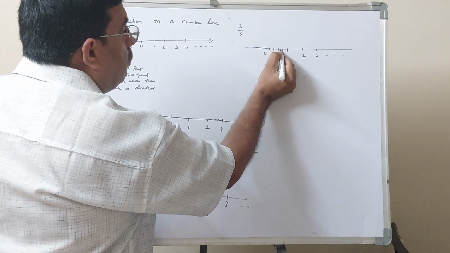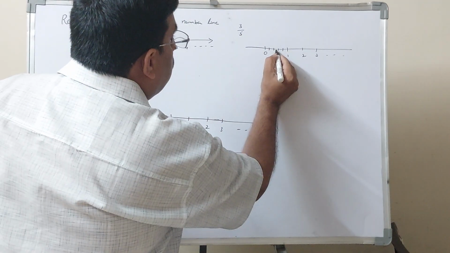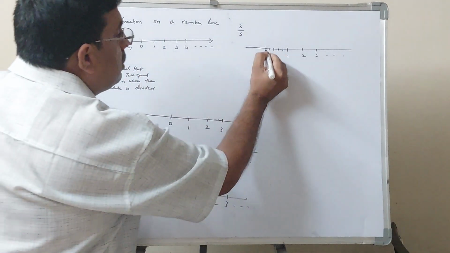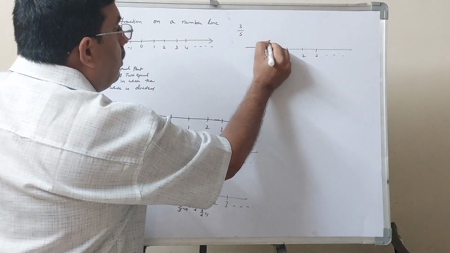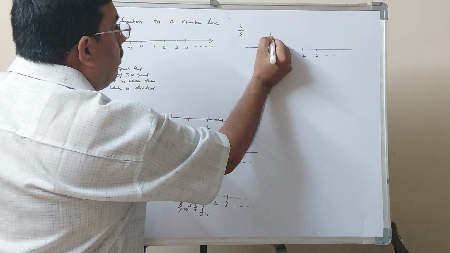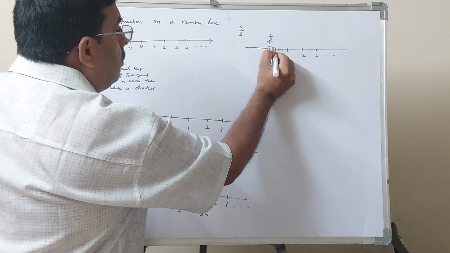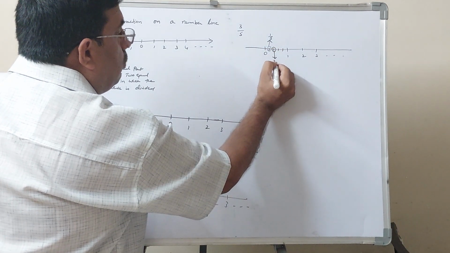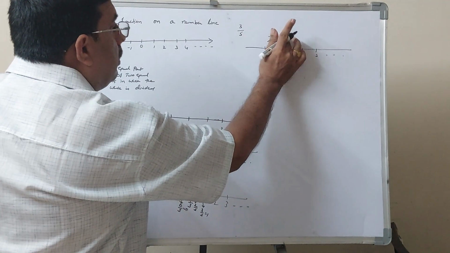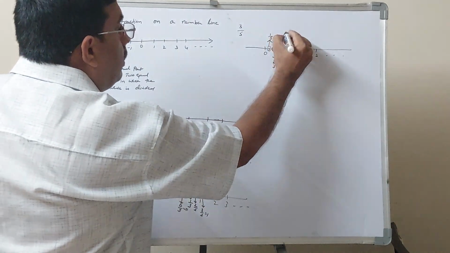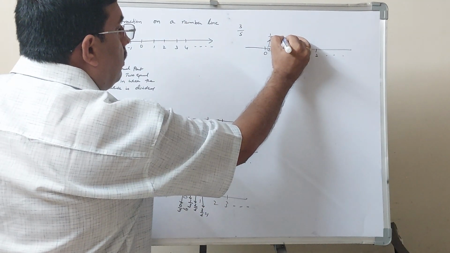So this is 1 by 5, this is 2 by 5, and this is 3 by 5.